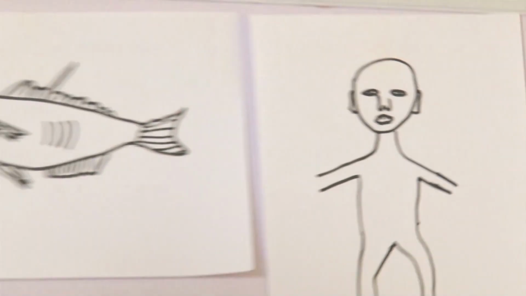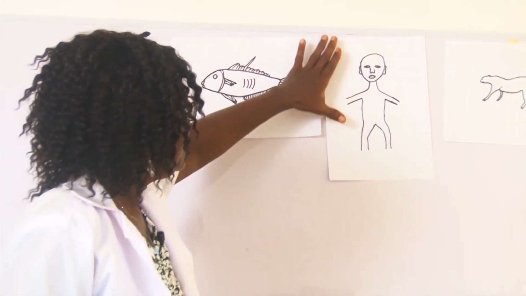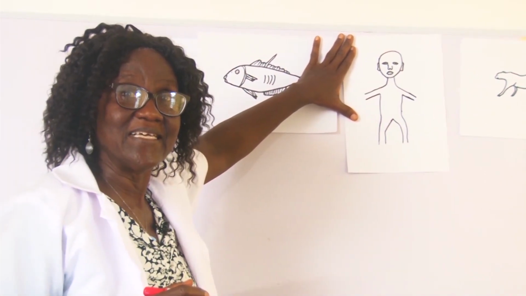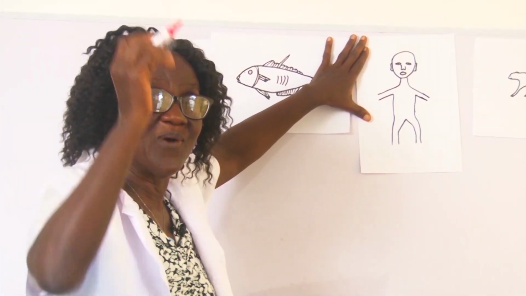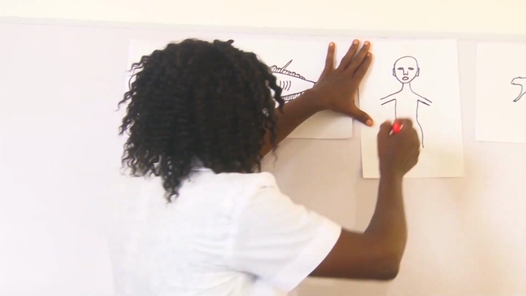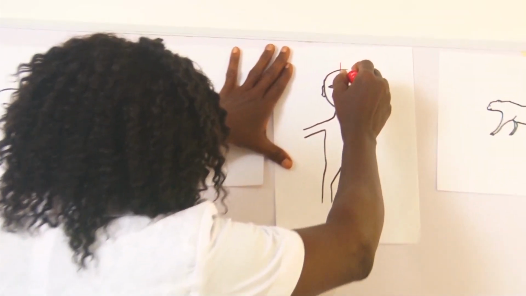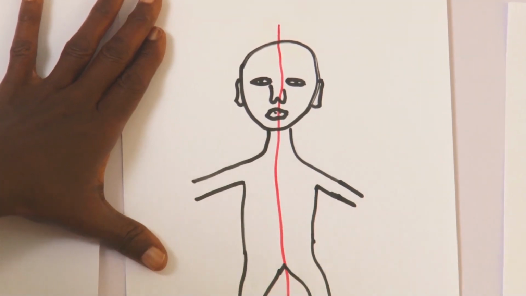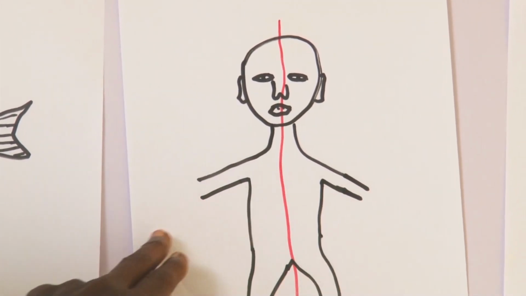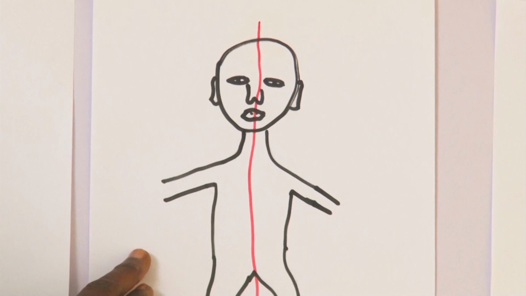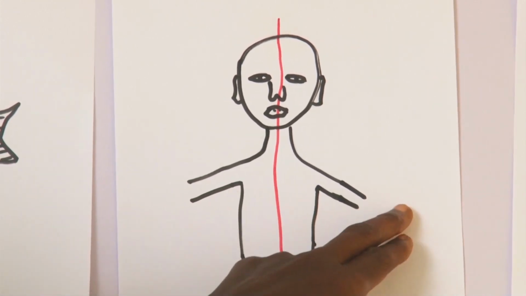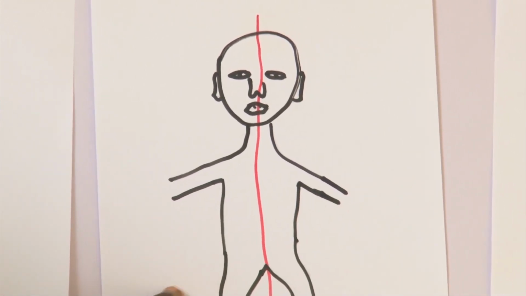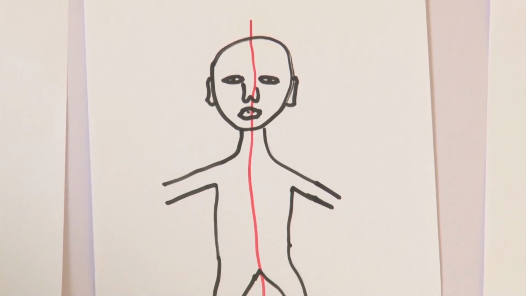For instance, in bilateral symmetry, the organism is made in such a way that there's only one plane, one line that the cut should be made, so that the two halves will be proportional, equal and mirror images.